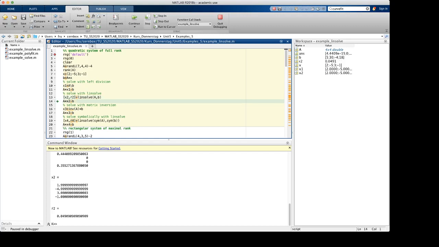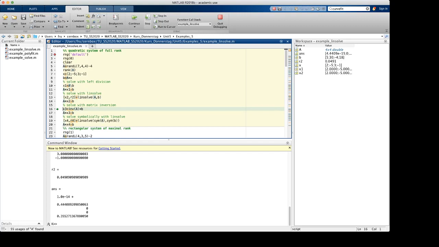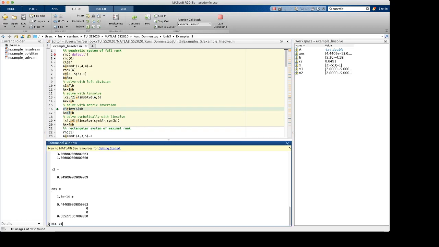Let's again make the cross-check, and you see that the difference between A times X2 and B is the same as before, which means that the solutions X1 and X2 are absolutely identical. So linsolve uses exactly the same method as left division.